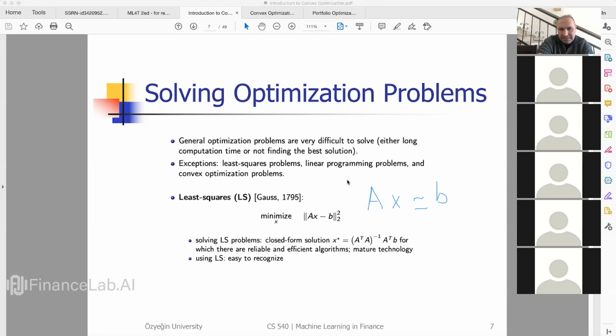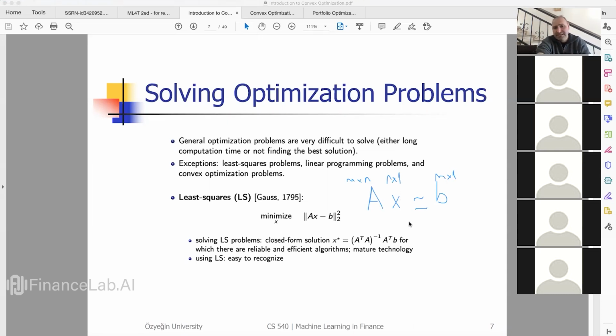Let's say A is m times n, there are n variables, so x is n times 1, Ax is m times 1. For the x variables, we have taken m measurements, and we try to find optimal values for the x variables.